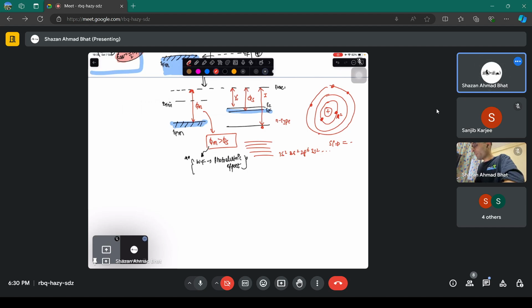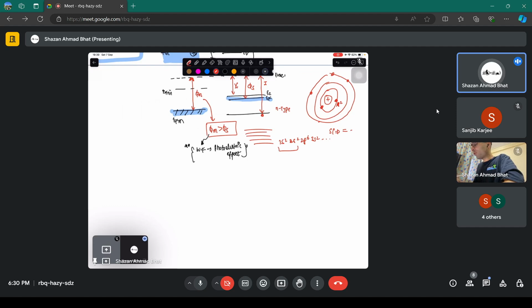Most of the time these inner orbitals do not take part in conduction, they are tightly bound to the atom. It is only the outer orbitals which take part in conduction.